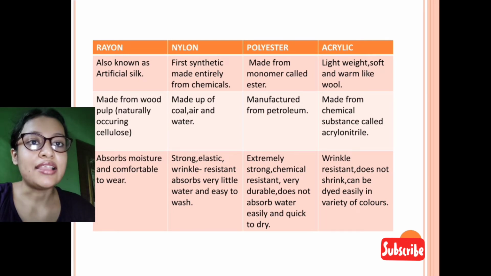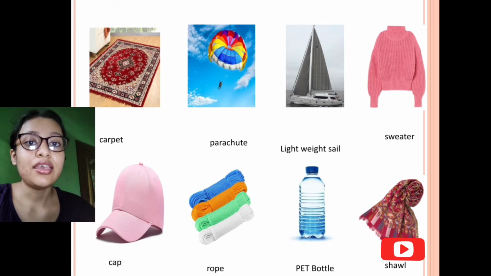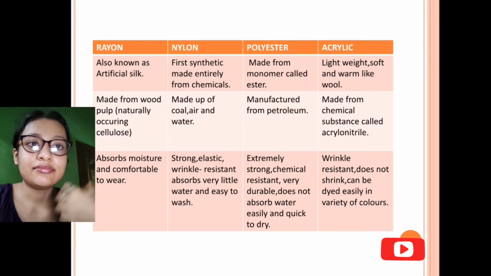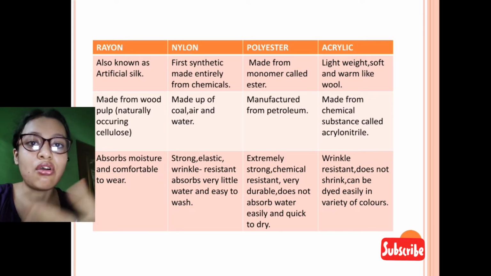Nylon materials are used to make parachutes and ropes. Next is polyester. Polyesters are made from monomers called ester, and are manufactured from petroleum.